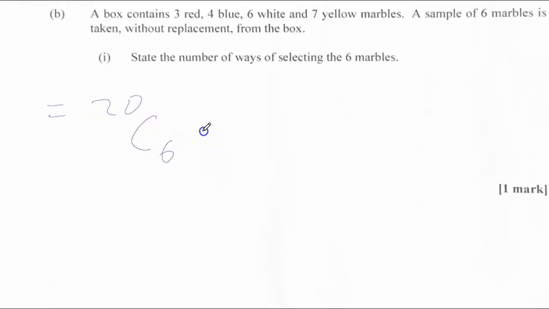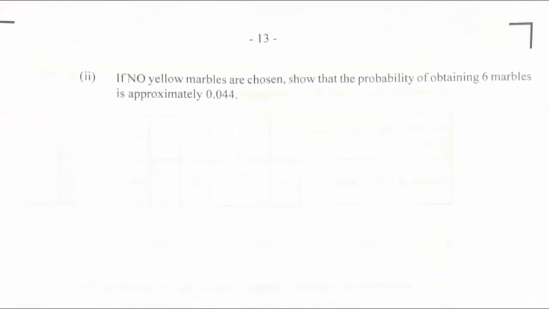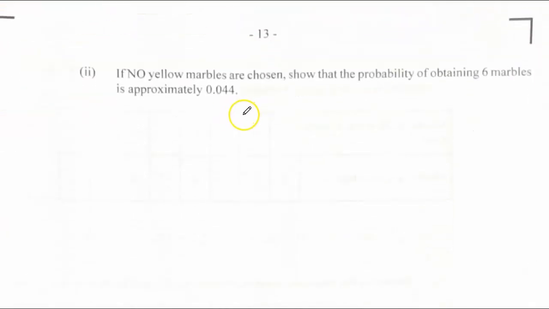You can enter that in a calculator. So 20 choose 6 is equal to 38,760 ways. So in part 2, if no yellow marbles are chosen, show that the probability of obtaining 6 marbles is approximately 0.044.